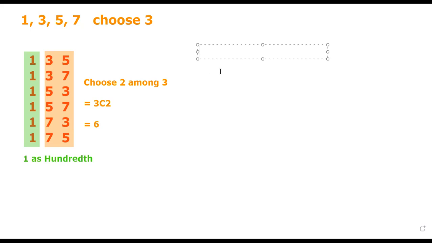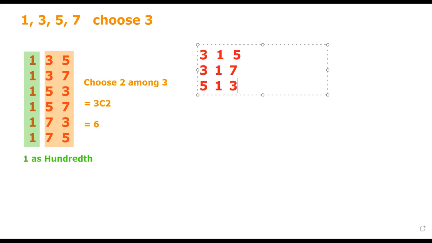Now I will list them out now, but you don't need to do that. Why? Because by combinatorics, these must be true. So they must be 315, 317, and then it will be our 513, 517, and 713, 715, just like this.